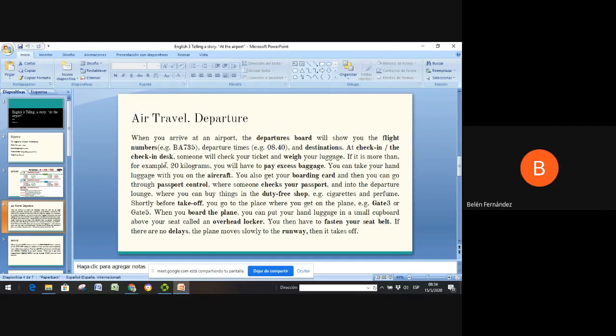When you arrive at the airport, the departures board will show you the flight numbers, departure time and destination. And destinations. Thank you. Next. Who's next? Me. Yes. At check-in, the check-in desk, someone will check your ticket and weigh your luggage. Luggage. Thank you.